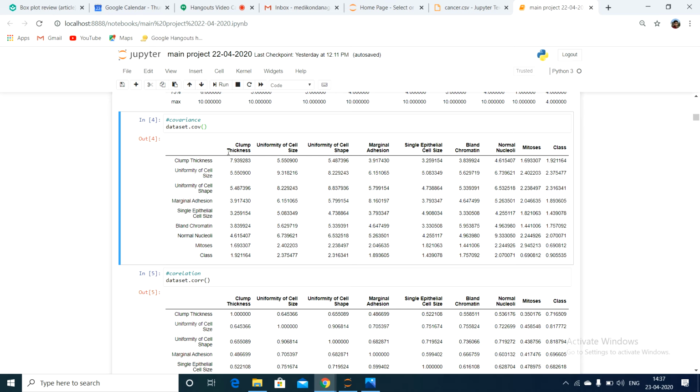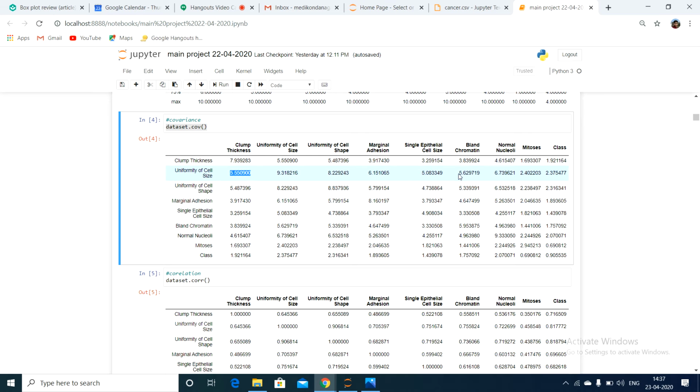Let us see that. Now I am talking about covariance. For uniformity of cell size and clump thickness, what is the relationship? Here the relationship is 5 point something. So it says there is a relationship between these two, but it is not saying whether it is improving or depriving.